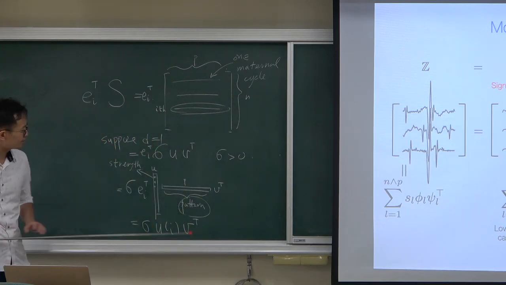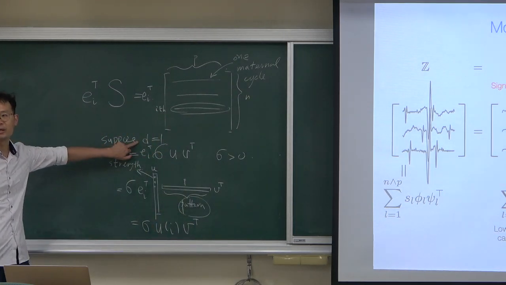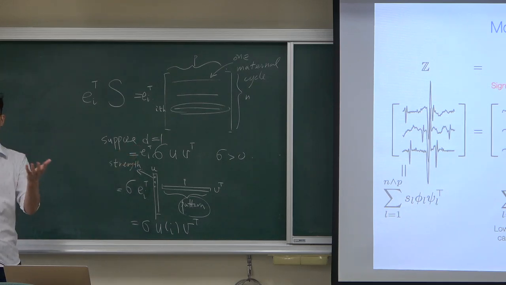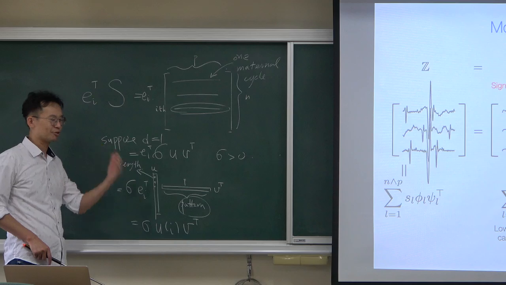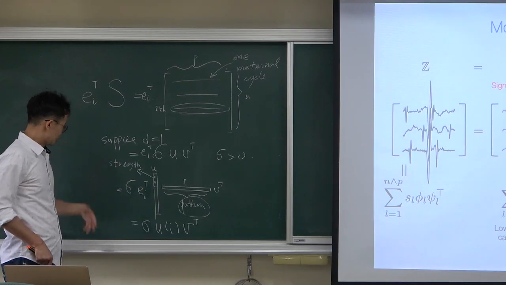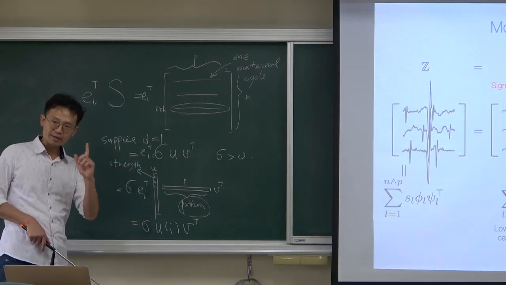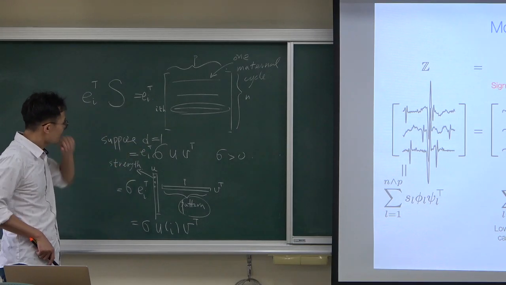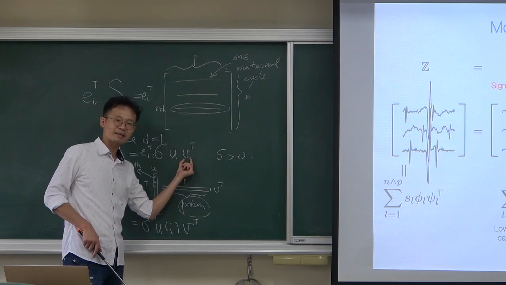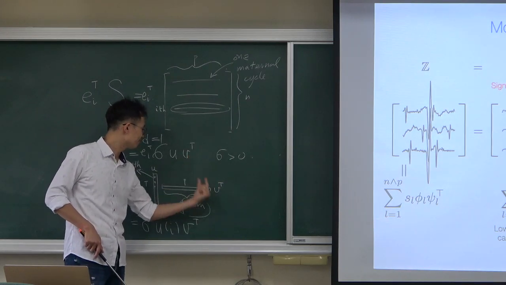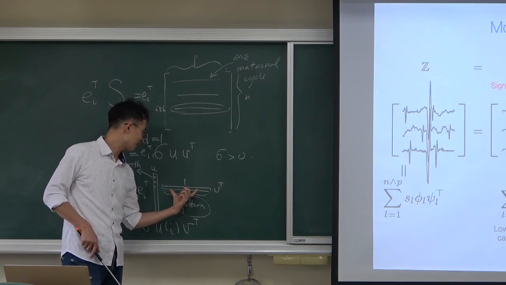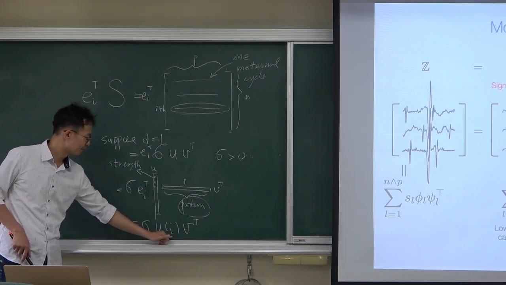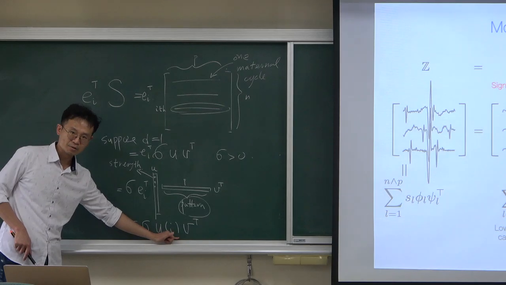What it means is, suppose D is 1, there is only one pattern, only a very basic one. I should say, suppose the rank is 1. The interpretation is that you have the pattern saved in V, and this describes the pattern. And U, the left singular vector, describes the strength of each single cycle.